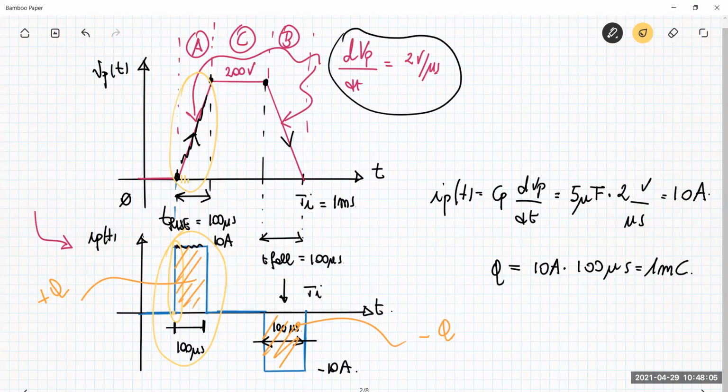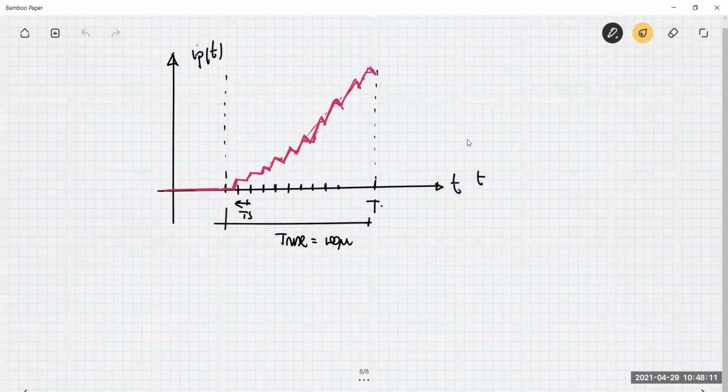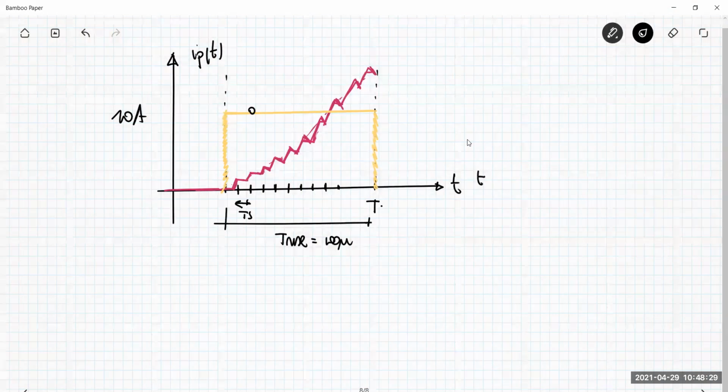But I have this behavior during the discharge. So I put here the ideal behavior. The ideal behavior is something like this. And this is the real one.